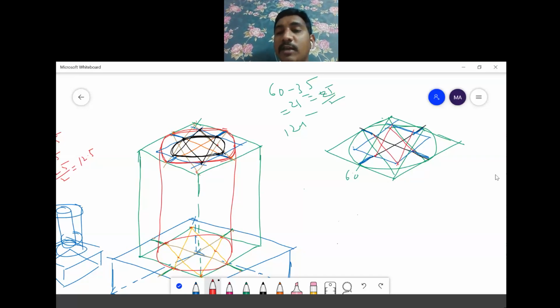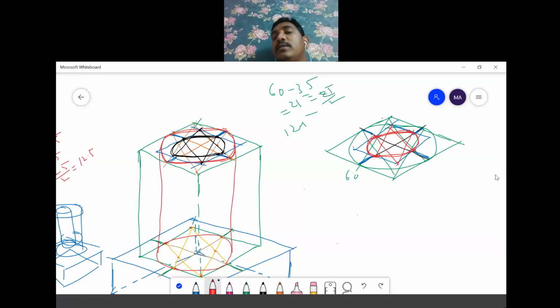Then I am taking this as a center, this as a radius, and I have drawn one arc. I have drawn four such arcs. Then it will be the inner circle we have drawn.